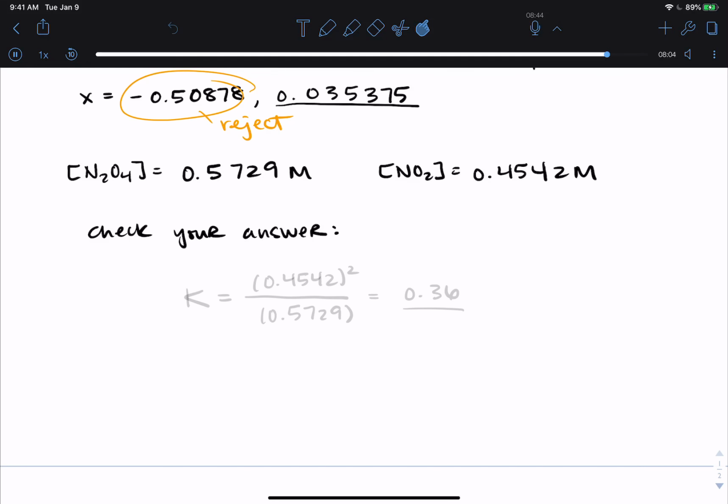Well, that means that these concentrations, when I plug them into my Keq expression, should equal the equilibrium constant. So I should be able to do 0.4542 squared divided by 0.5729, and please check this in your calculator, it equals 0.36. So this is how we know that the concentrations that we got once it reestablished equilibrium are the correct concentrations.